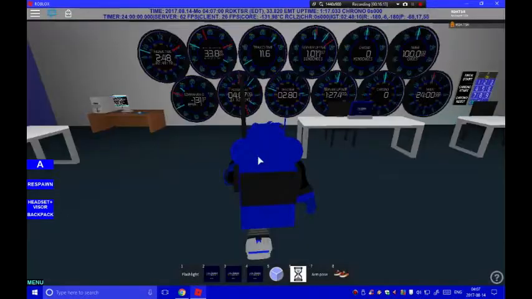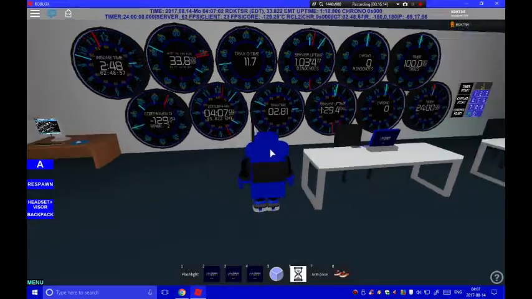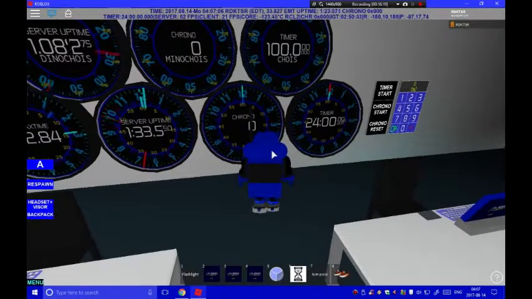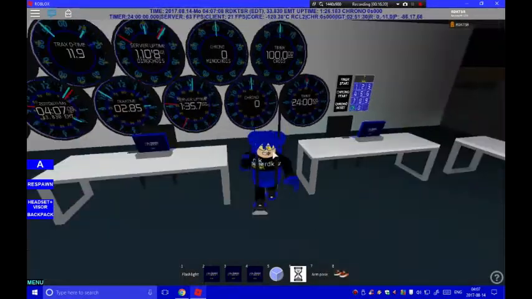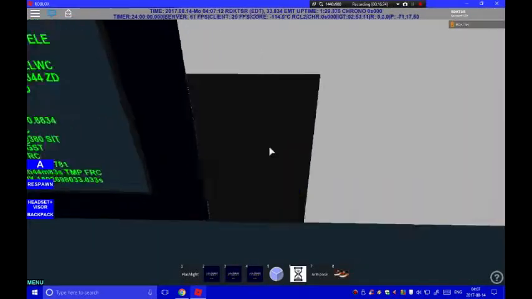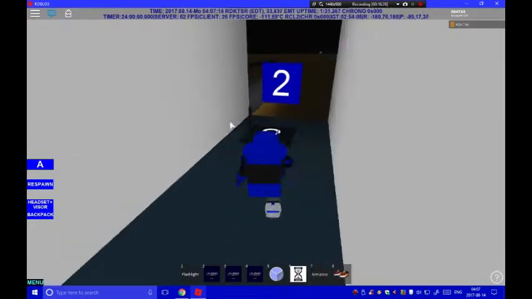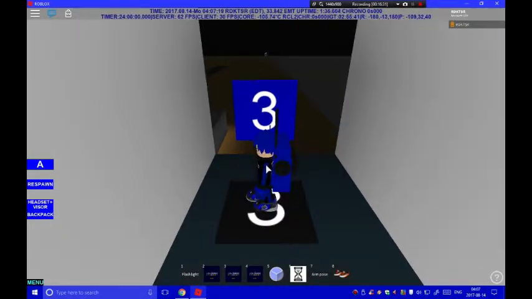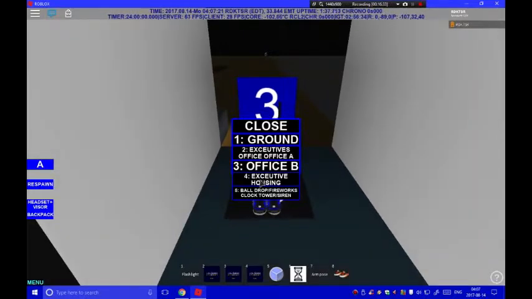You can see the security code and the timer. Okay, now to the third floor. This is the same as the second.